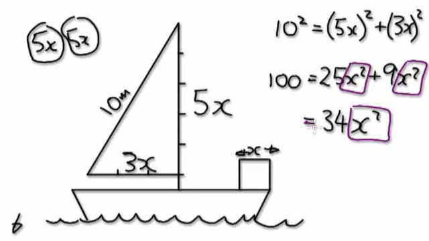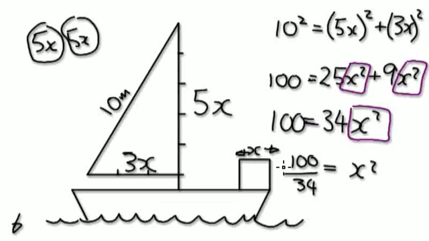Okay, this here will be 100 here. So divide both sides by 34. So it would be 100 over 34 equals x squared. Now even number here. So you can divide top and bottom by 2.